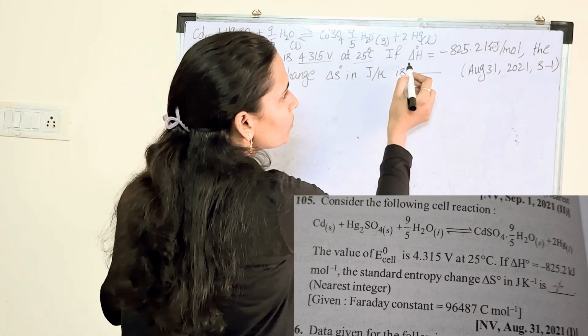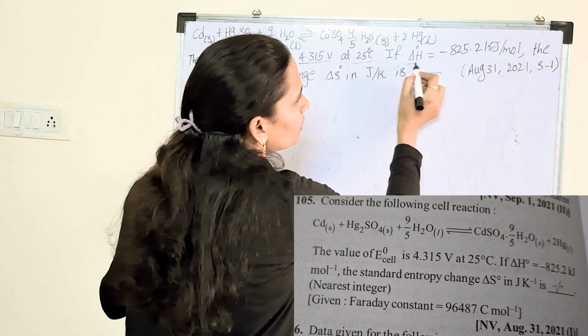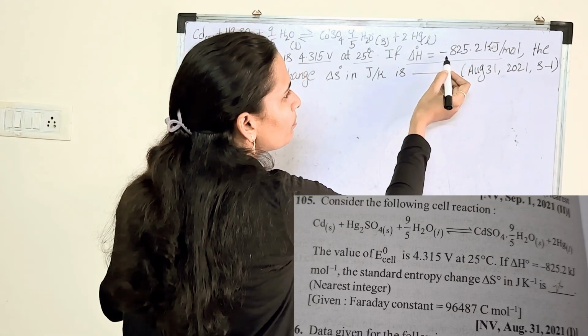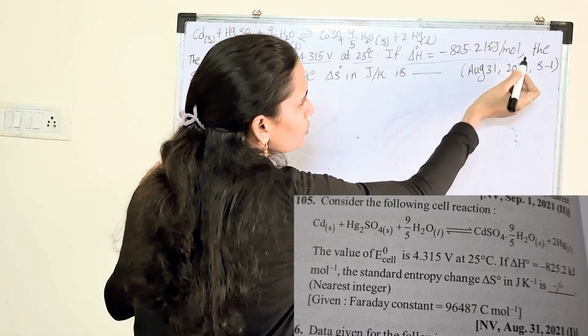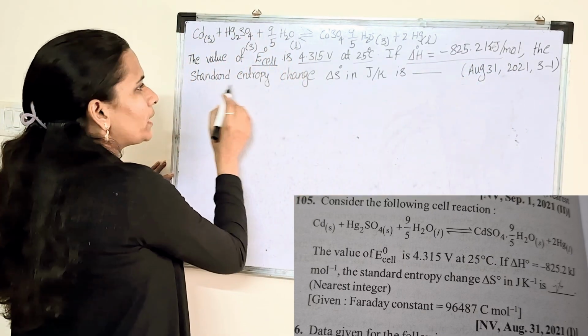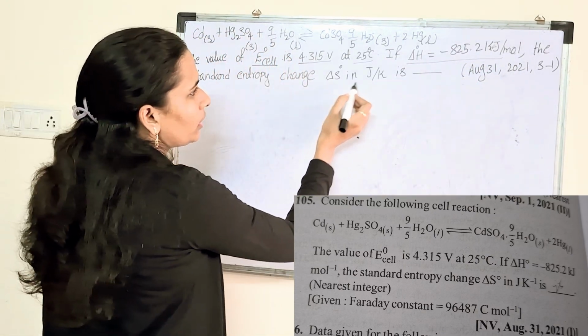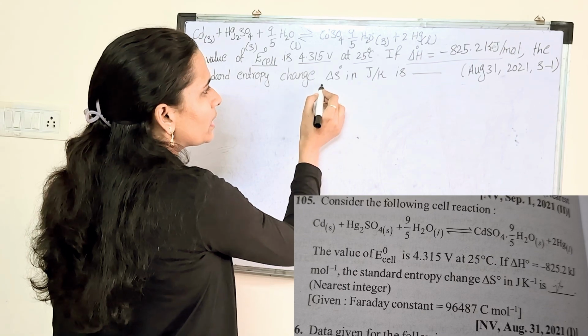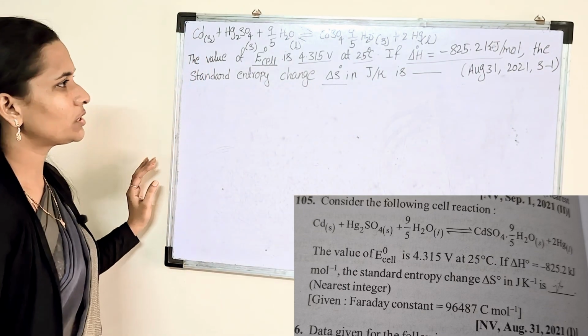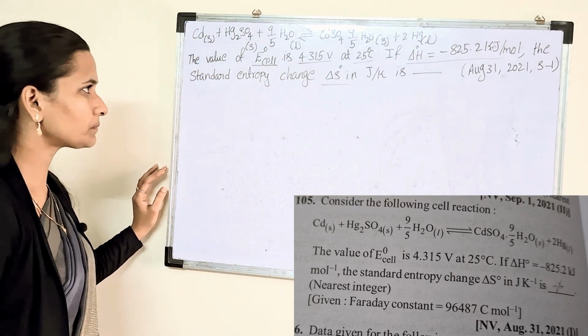The standard enthalpy change is also given, that is minus 825.2 kilojoule per mole, and they are asking for the standard entropy change in joule per Kelvin.